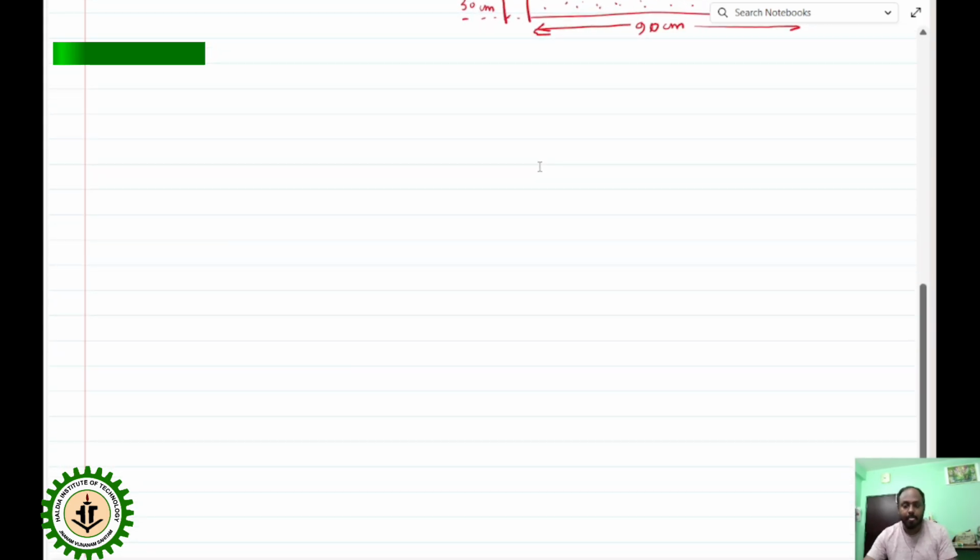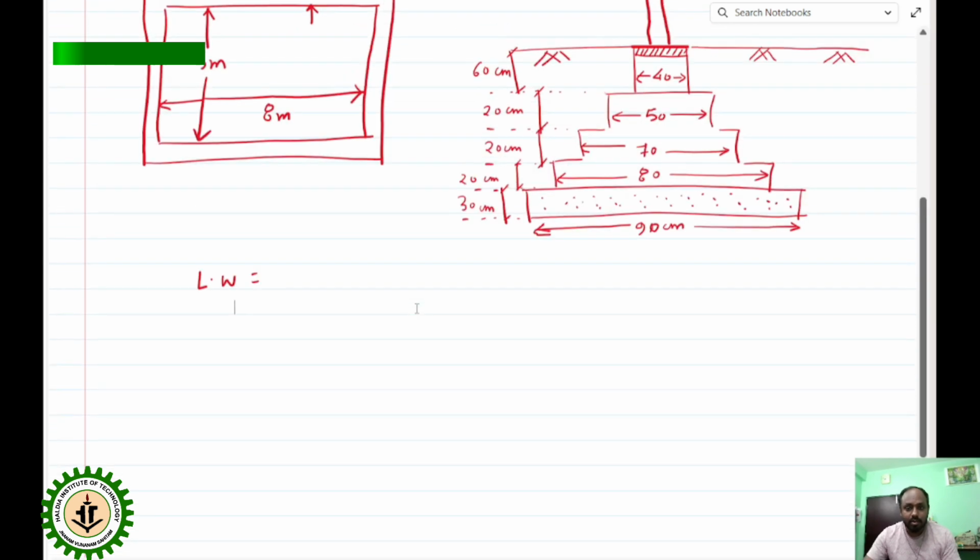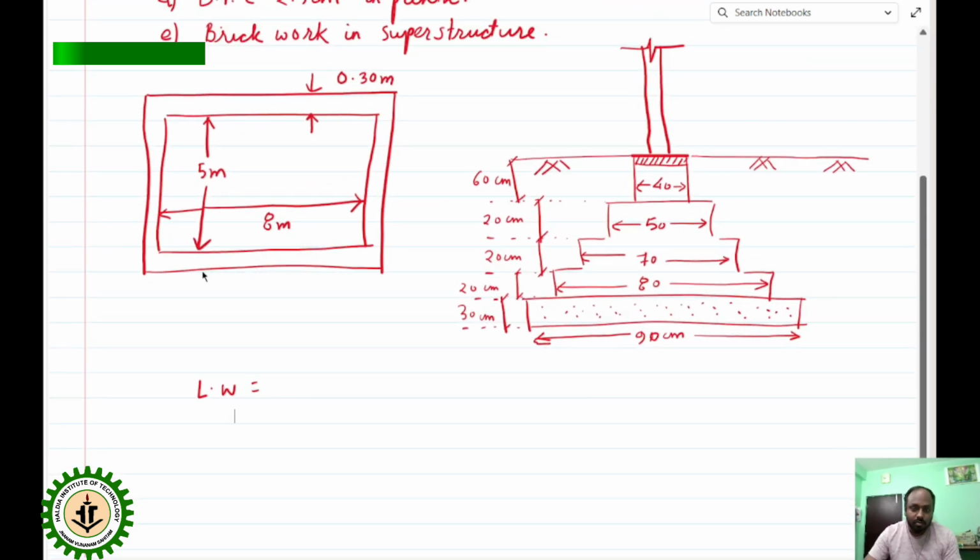Now, first of all, for this question, we have to calculate the long wall distance as well as the short wall distance. So for long wall, I am writing LW in short. As you can see in the diagram, the distance of long wall we will calculate is out to out.